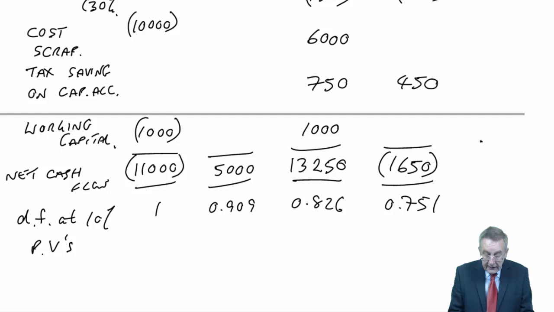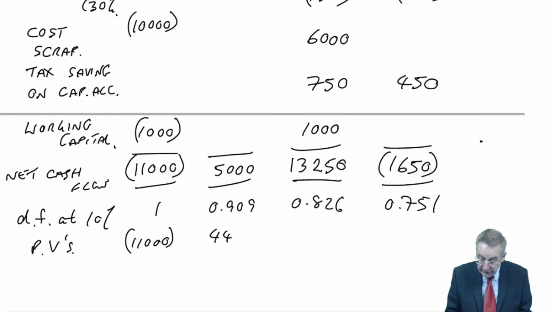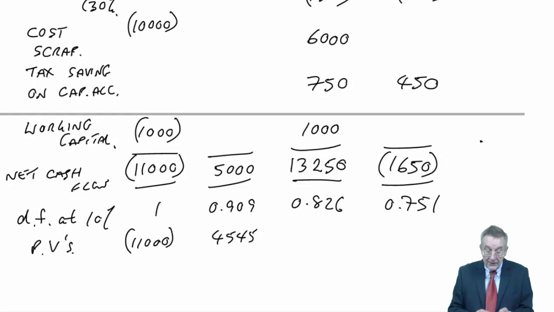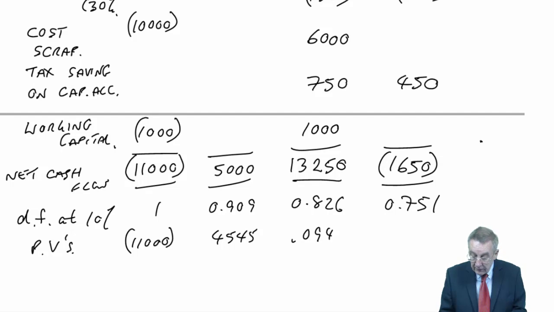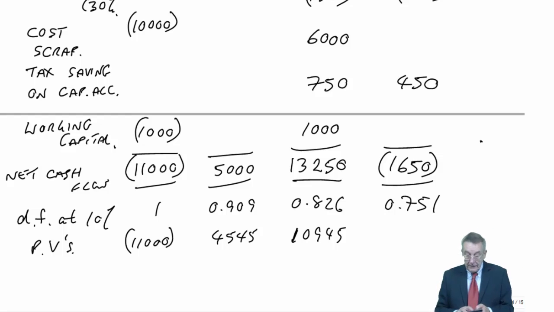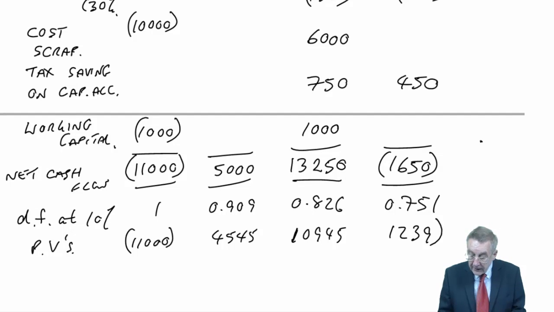And so the present values: 5,000 times 0.909 is 4,545. 13,250 times 0.826 is 10,945. Don't work in cents, for heaven's sake. And finally 1,650 times 0.751 is 1,239. But remember that is negative.